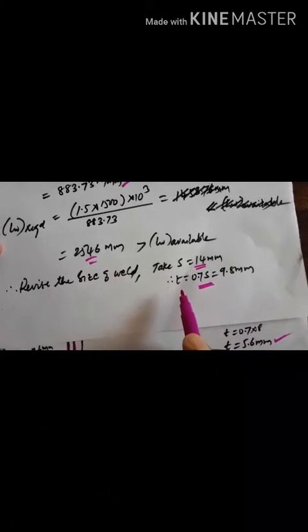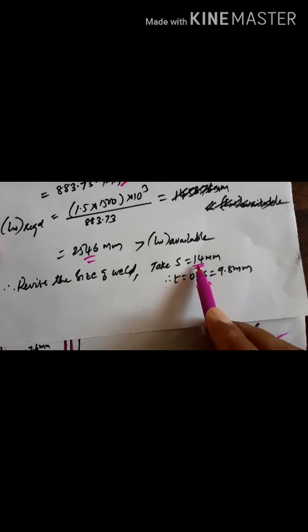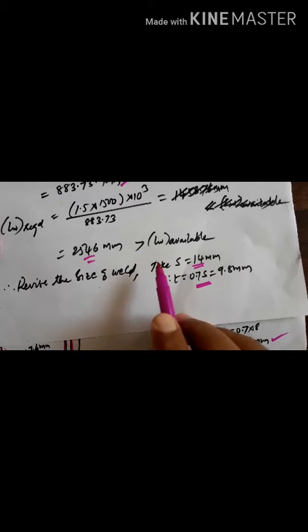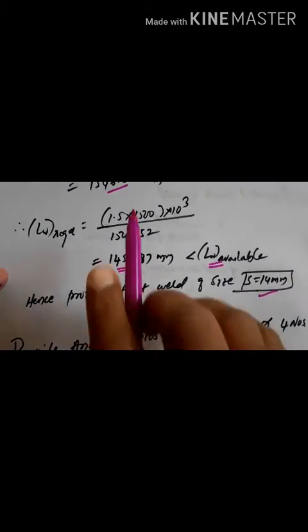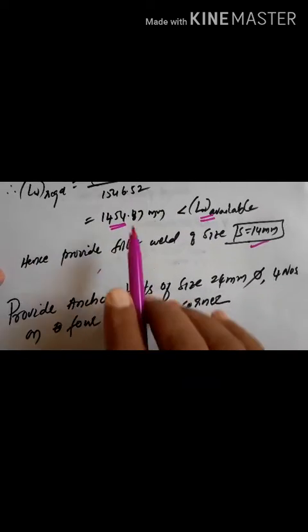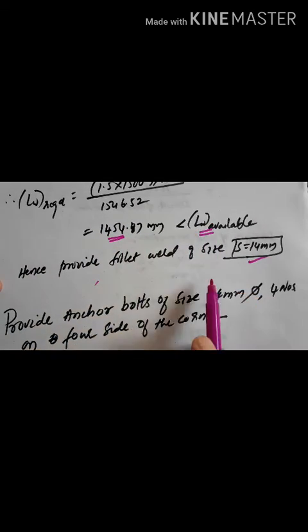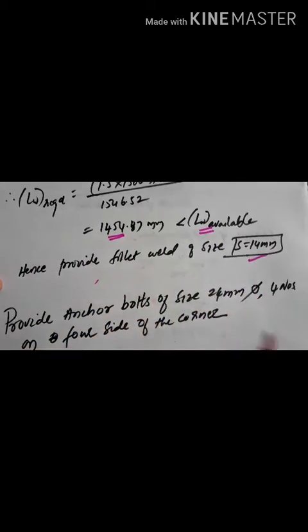Hence I revised the size of the weld. First I calculated by taking 10 mm, then I calculated 12 mm, which was getting more only. Then 14 mm I got this much length, which was less than the available. Hence the size of the weld is 14 mm.